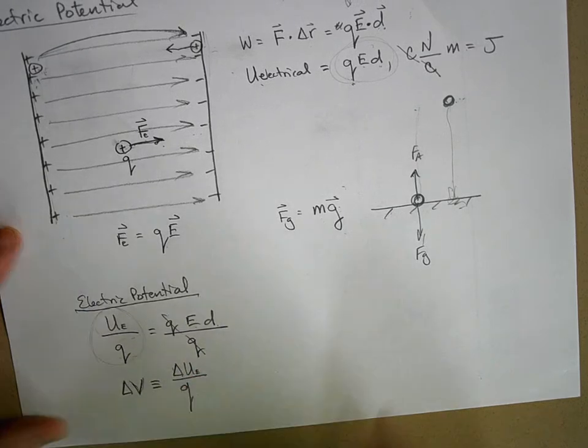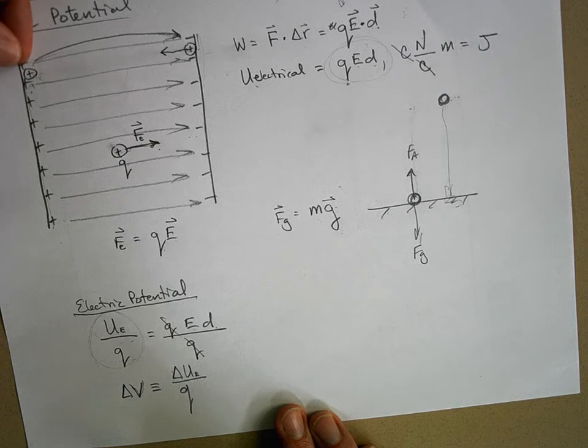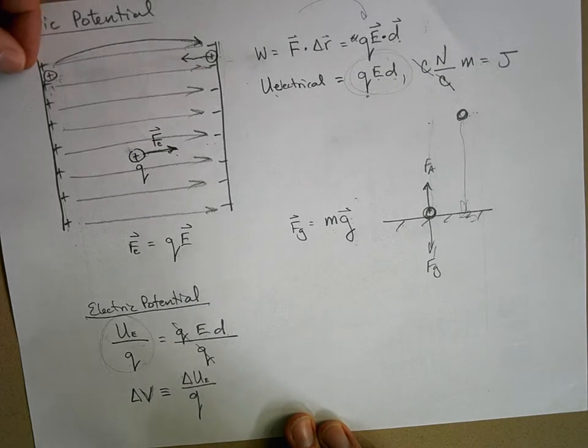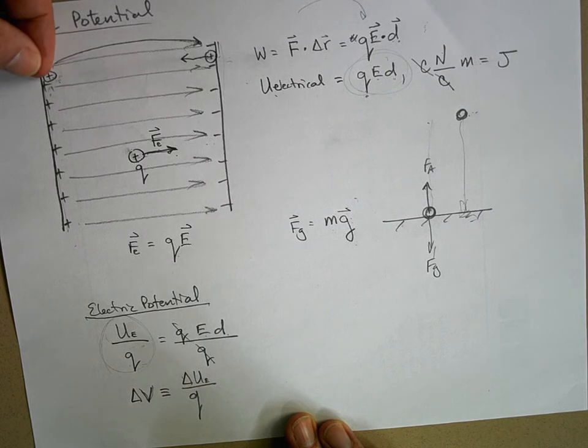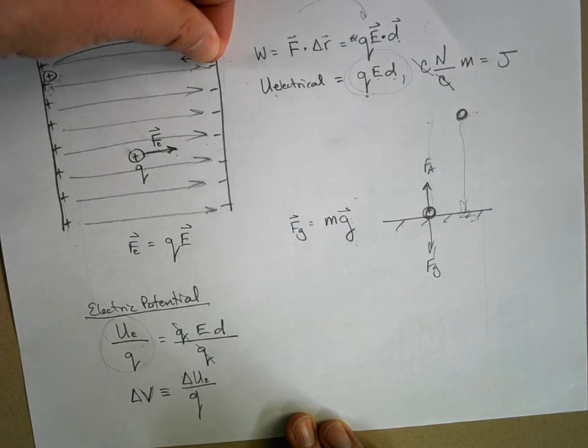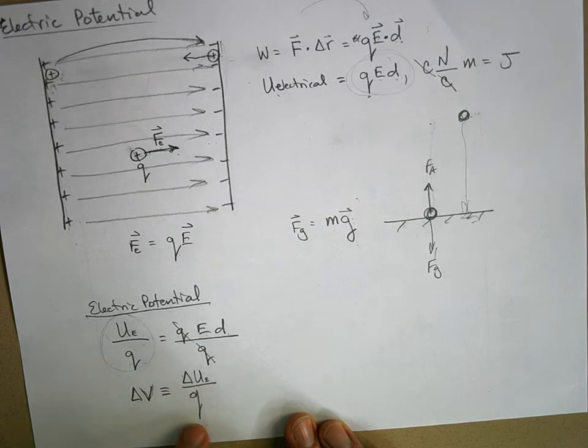Right? I mean, think about it. If I let go of this charge up here and it slides across here, it's losing potential energy. And I can say, well, what's the difference between the potential energy here and here? That would be delta U. And then I'm going to divide it by the charge on my object.